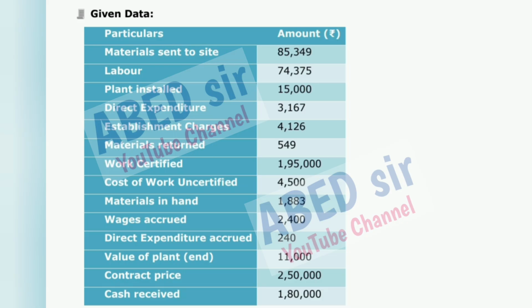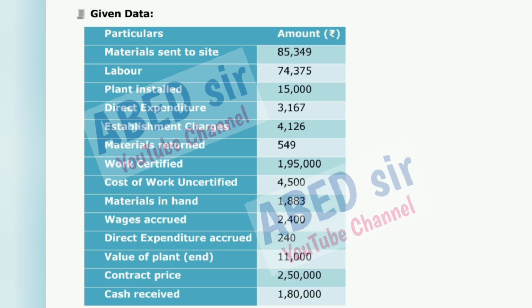Establishment charges 4,126. Materials returned 549. Work certified 1,95,000. Cost of work uncertified 4,500. Materials in hand 1,883. Wages accrued 2,400.